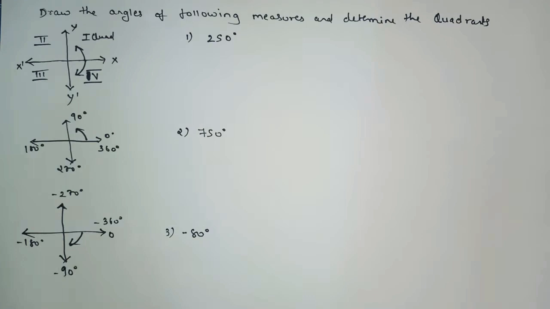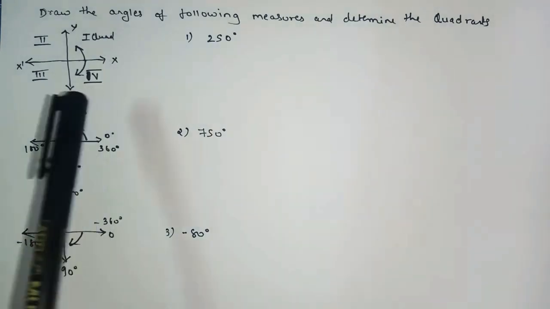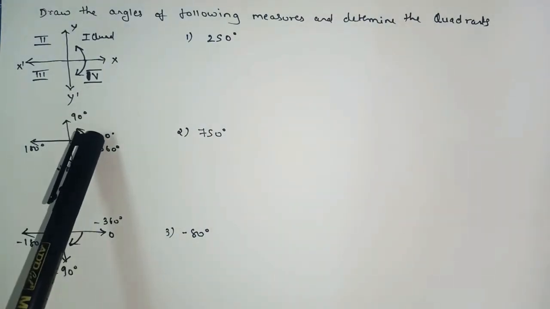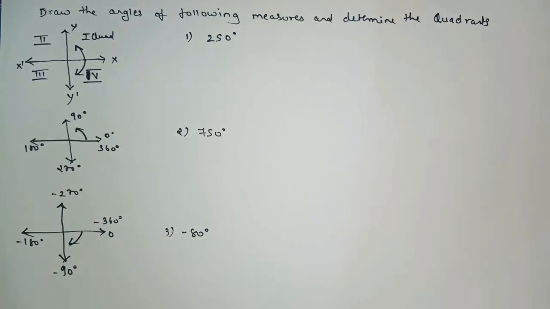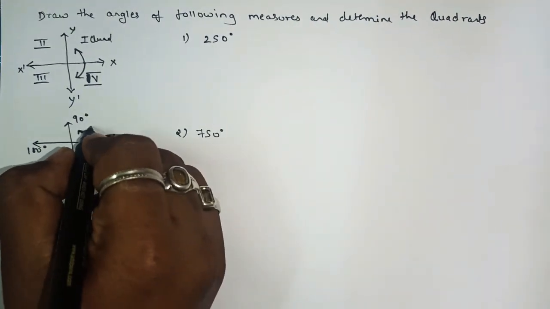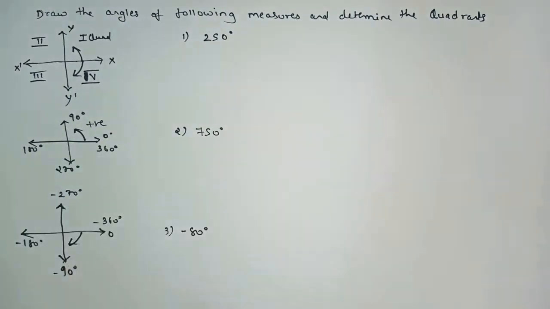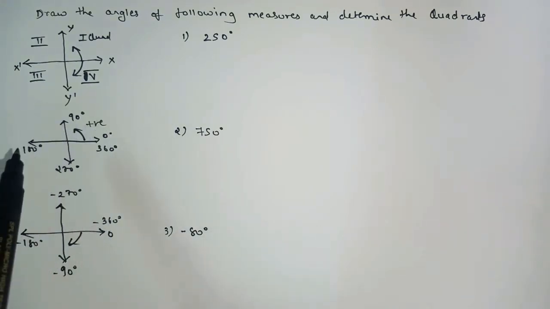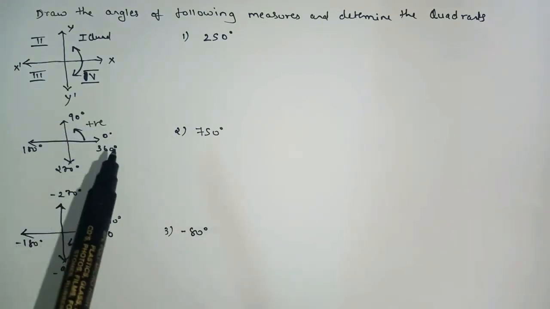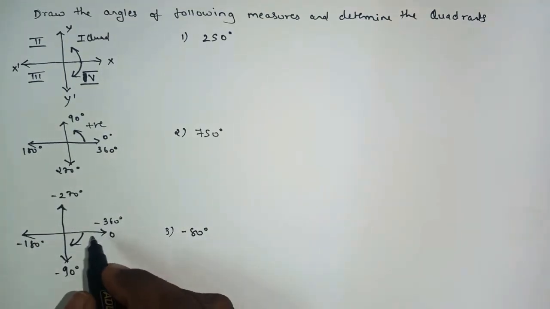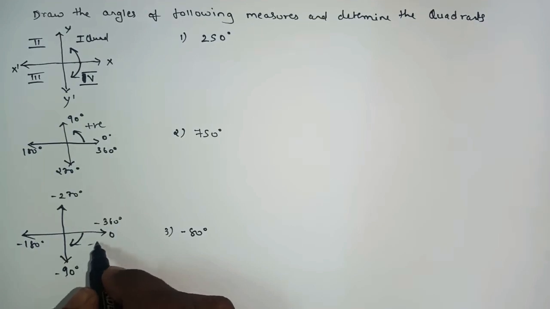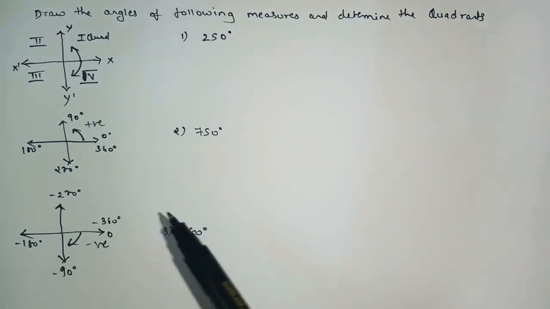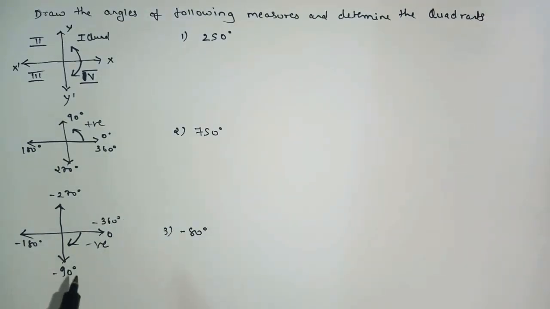first the rotation. As we know that when the angle moves in anti-clockwise direction, it makes positive angle. As we know that the position is what? 0, 90, 180, 270 and 360. When it moves in clockwise direction, so angle will be what? Negative. And the position will be what? 0, minus 90, minus 180.